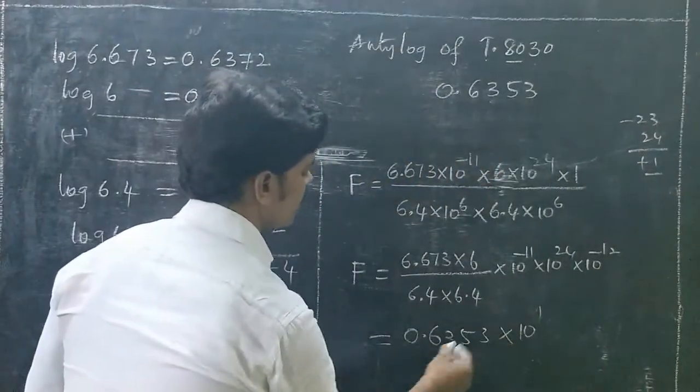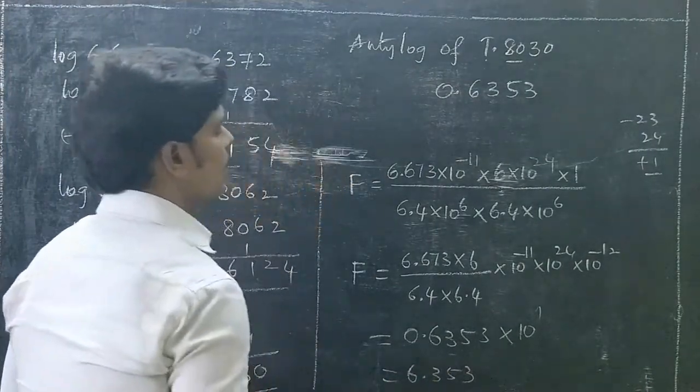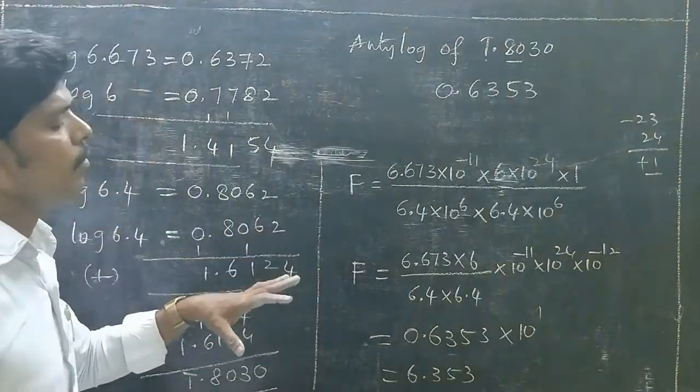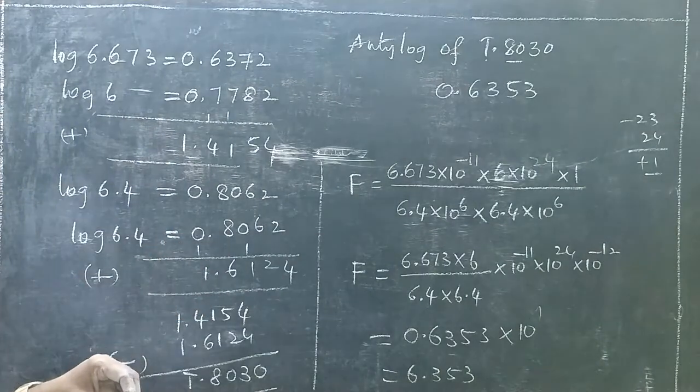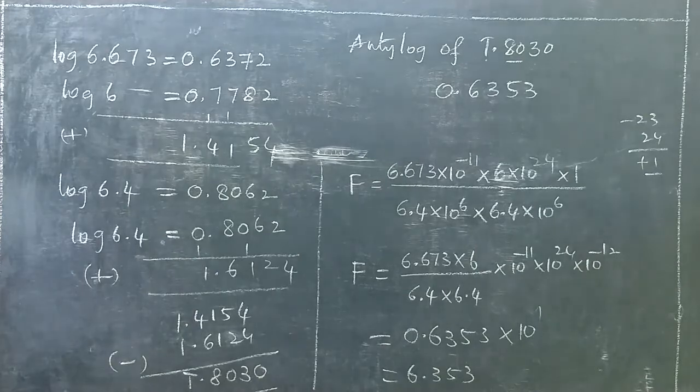Multiplying, we have 6.353. So first of all we take logarithms, then at the final step we take anti-logarithms.